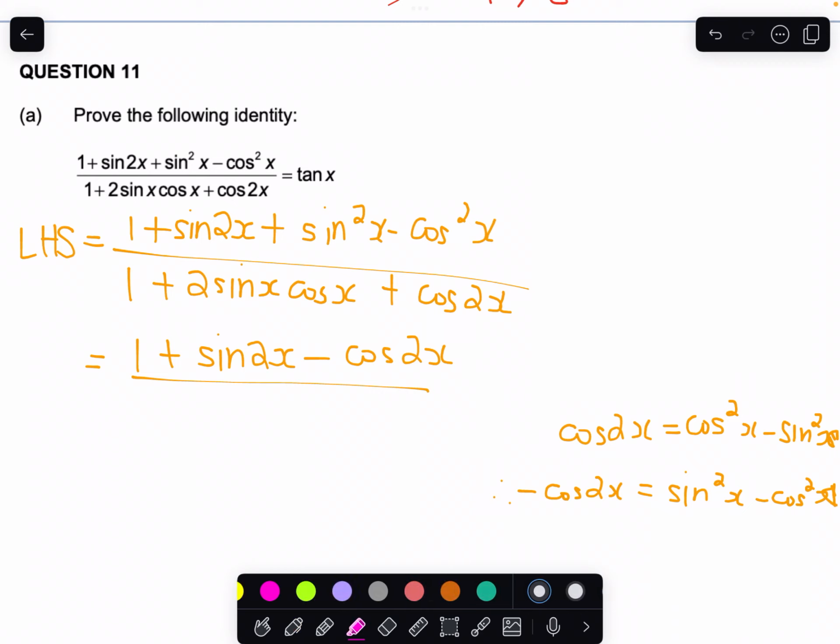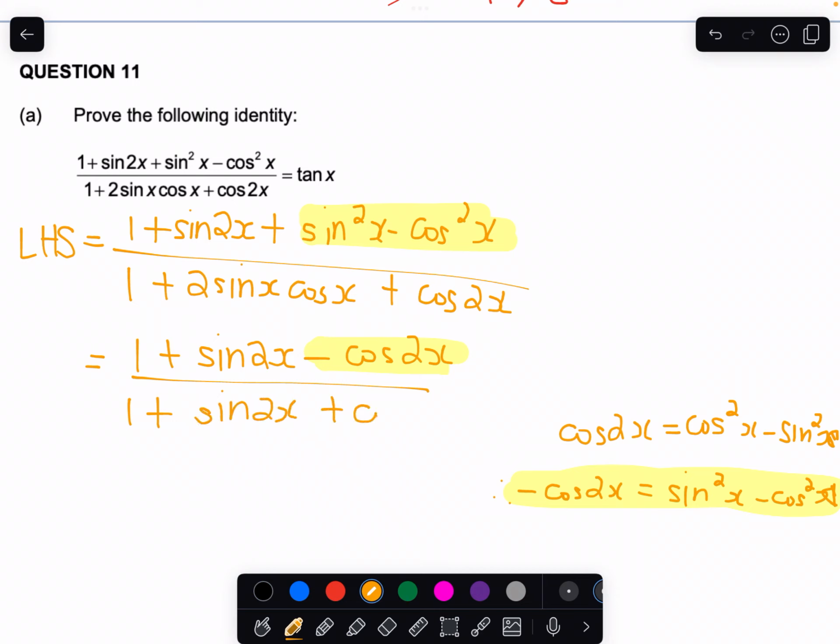Just to highlight where that is coming from. And then down here, 2 sine x cos x is the same as sine 2x, and then plus cos 2x.